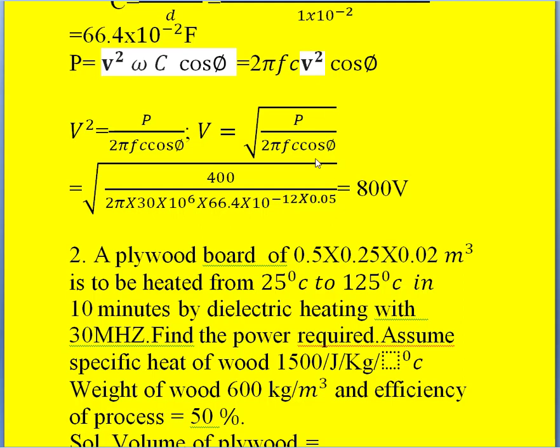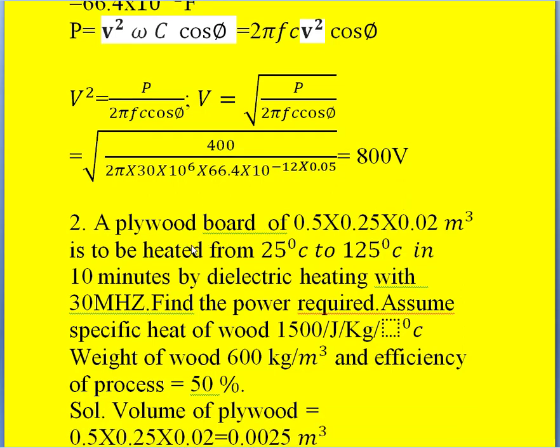So we substitute all those values and take the square root: 400 divided by 2 pi into 30 into 10 power 6 into the capacitance we calculated, 66.4 into 10 power minus 12, and power factor 0.05. When we simplify it, we get the voltage 800 volts.